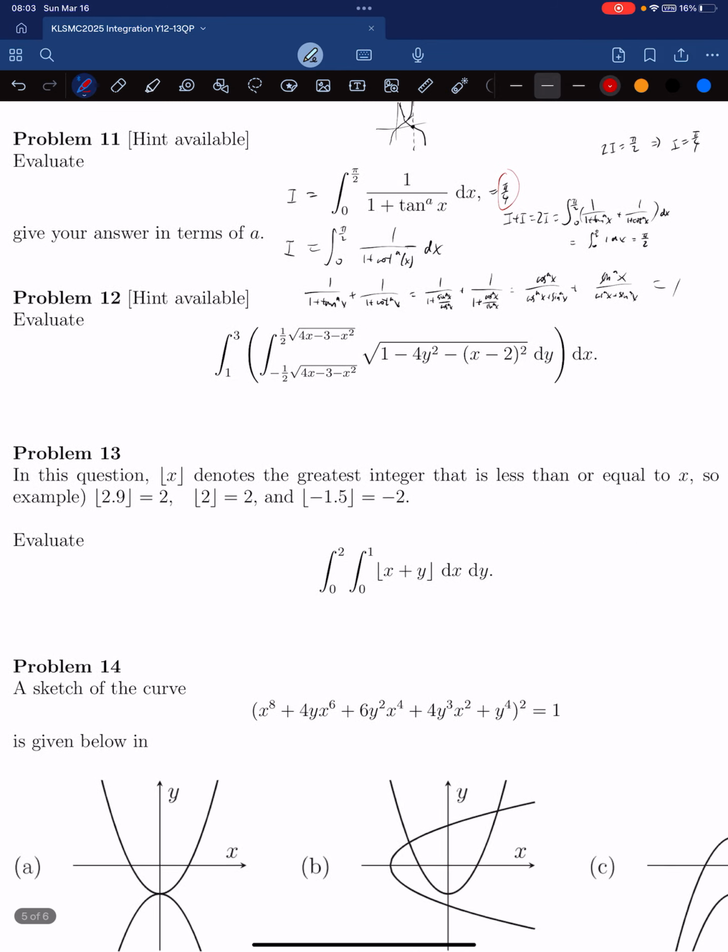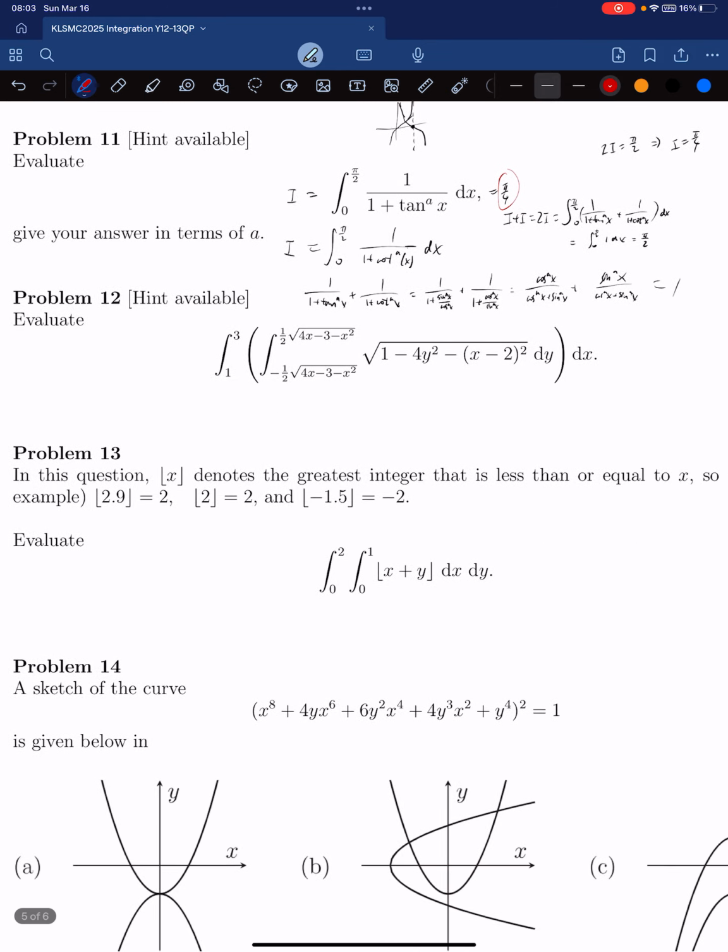Okay, so if we look at our xy plane, it's from 1 to 3, and we think of the boundaries, y equals half root (4x minus 3 minus x squared).